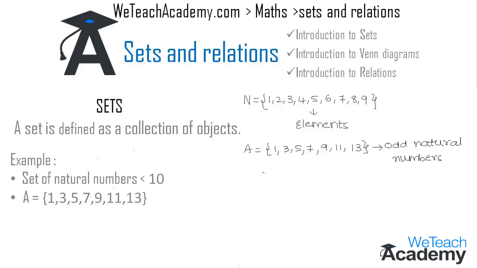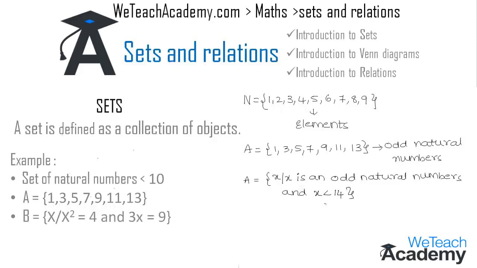In set builder form, we describe a set by some property common to all its elements. We denote the letter x to represent every element of the set, and we can write the set as {x such that x is an odd natural number and x is less than 14}.